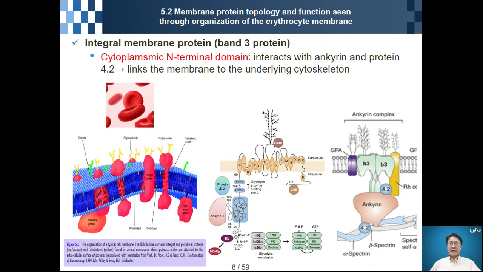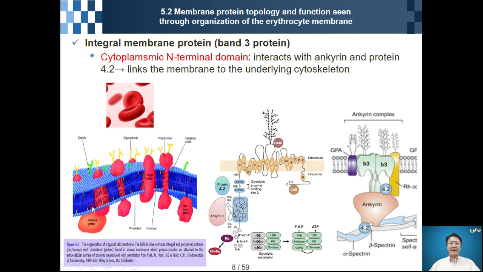In this slide, I will explain the second subject, membrane protein topology and function, seen through organization of the erythrocyte membranes. So what is erythrocyte? Erythrocyte is 적혈구 in Korean, and they also have the membrane structures like this.